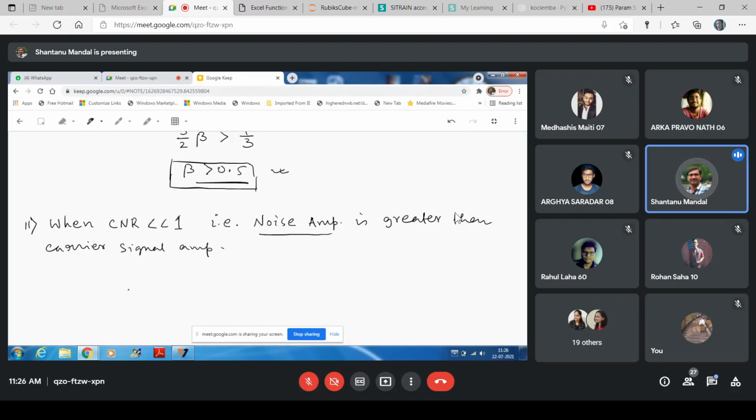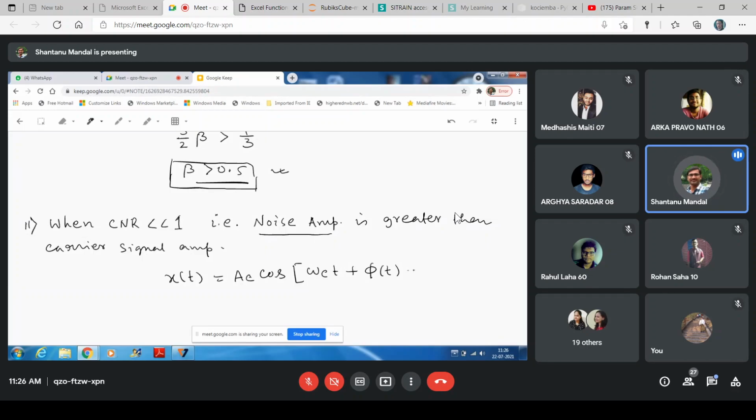So we have to consider this, that is xt equal to AC cos of omega ct plus phi t.